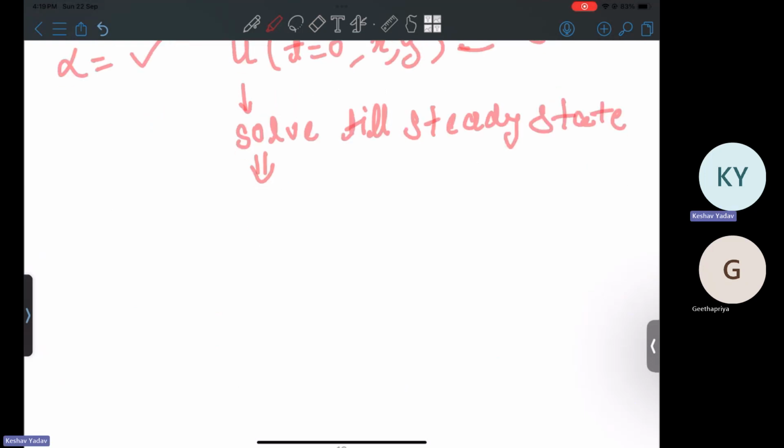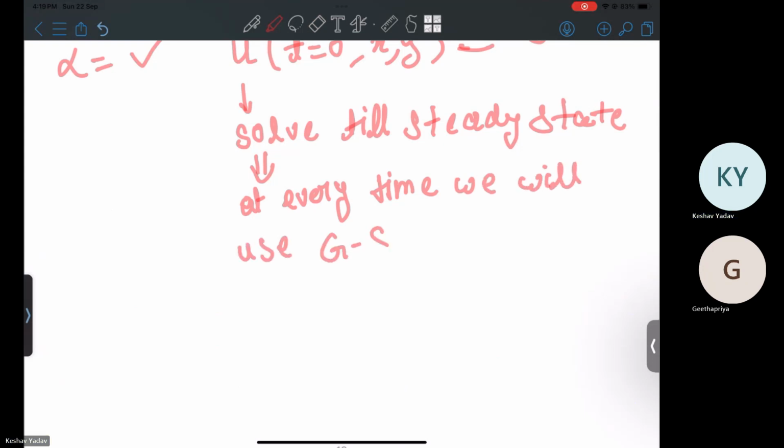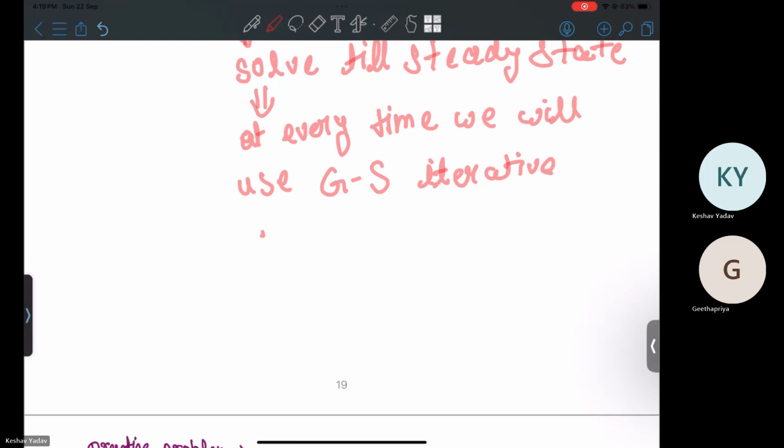At every time step, we will use a Gauss-Seidel iterative solver.